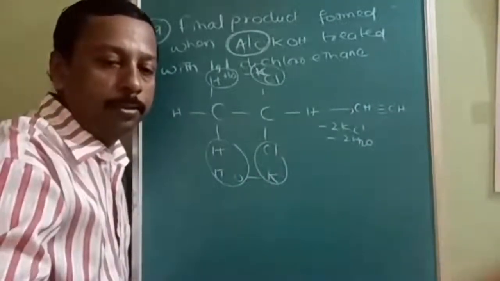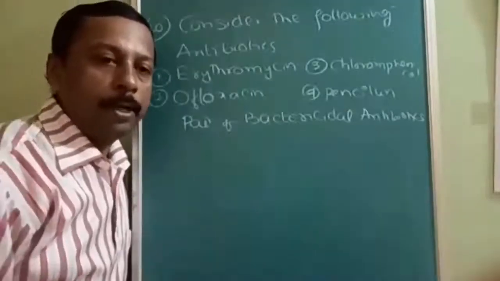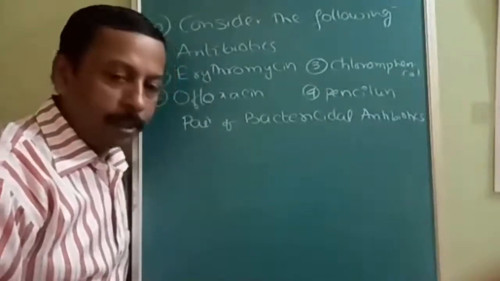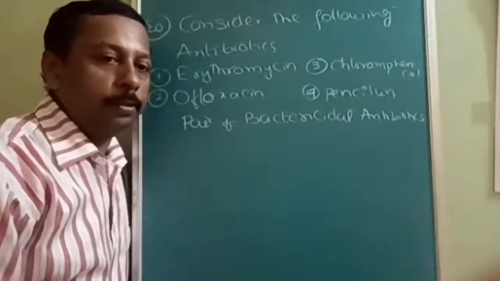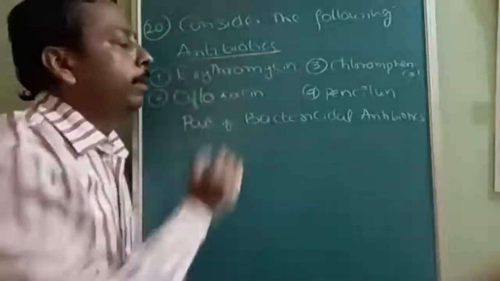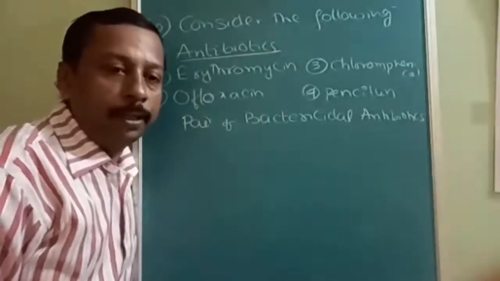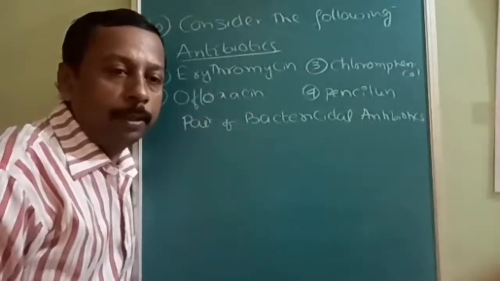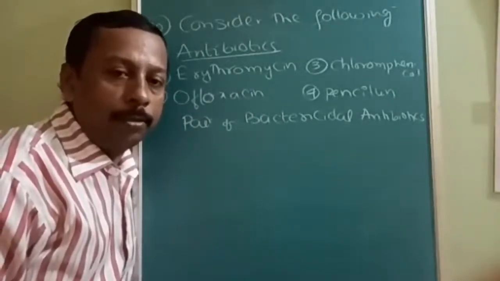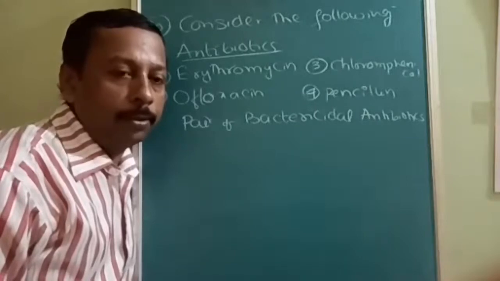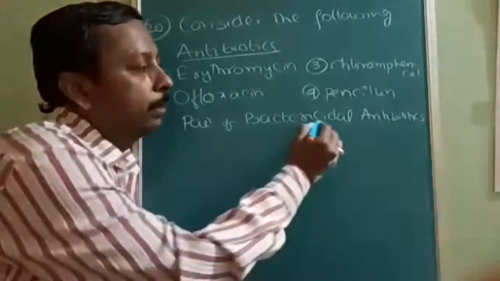Okay, next question is from chemistry in everyday life about drugs. Here a few antibiotics are given. Antibiotics are further divided into two types: bacteriostatic and bactericidal.